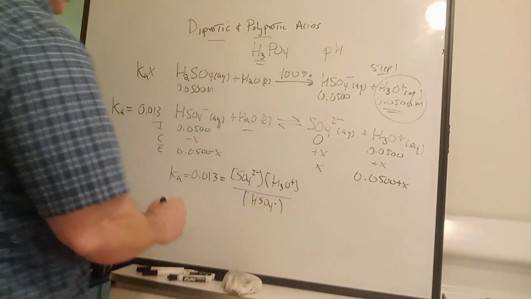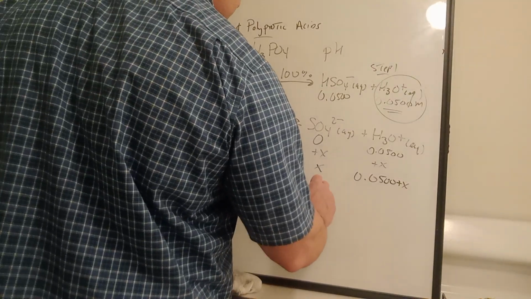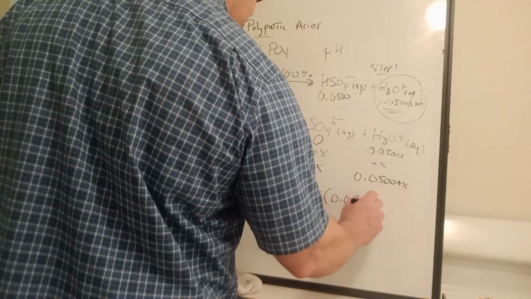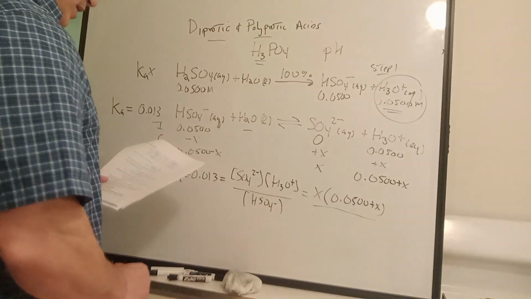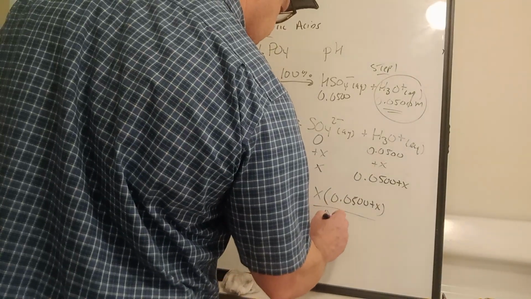Products over reactants, ignore the water. Now we plug in. It's going to have an x, a 0.0500 plus x, and then in the bottom we're going to have the same number minus x.